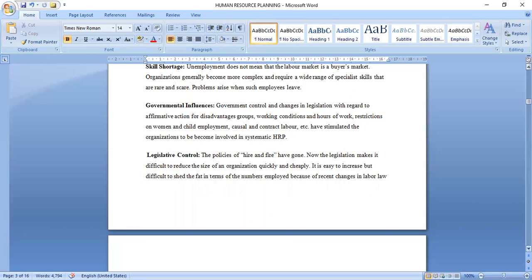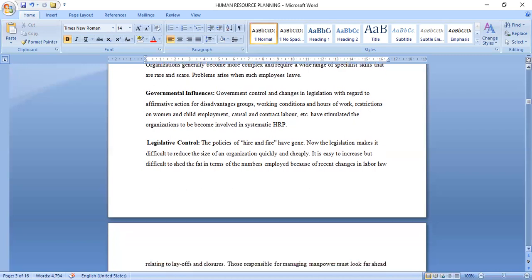Working conditions for workers, or the hours that these workers should have at work. All those can be regulated by the government. So of course, the human resource planning will be in line with the country's prevailing government policies.